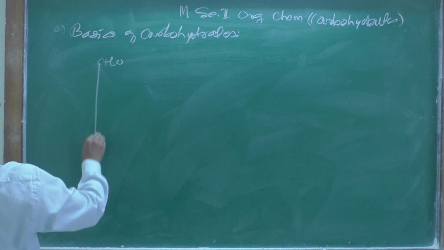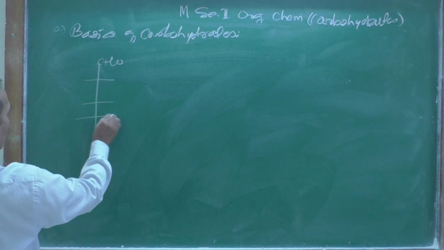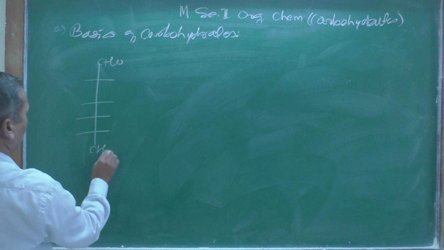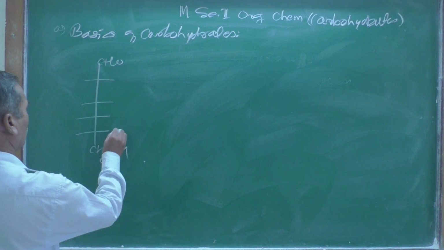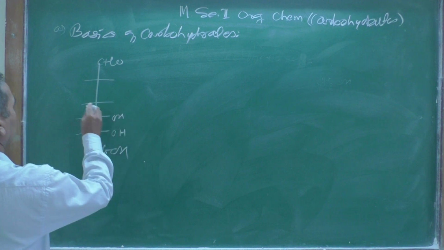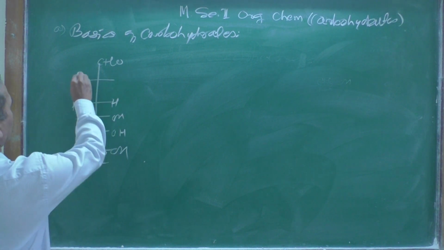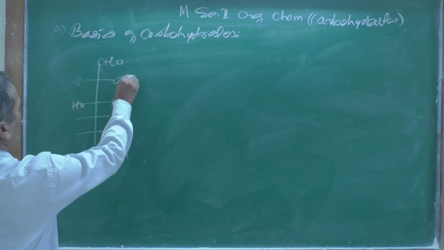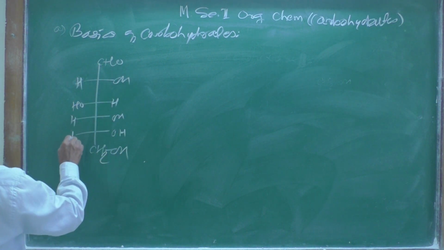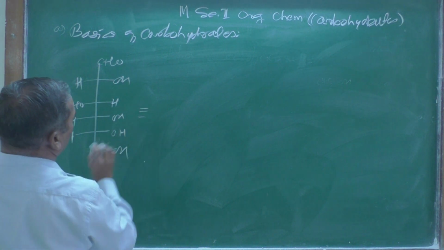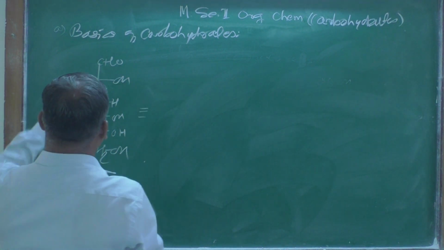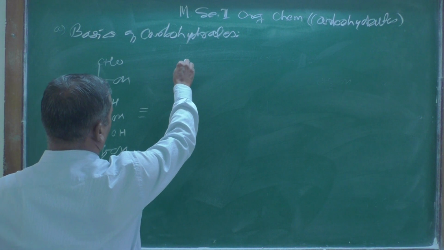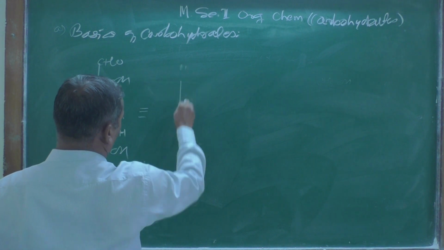You are familiar with drawing the glucose molecule: here OH, then HO, H, then OH here, H, and H. And according to the Fischer projection formula, the groups at the top are shown going behind.